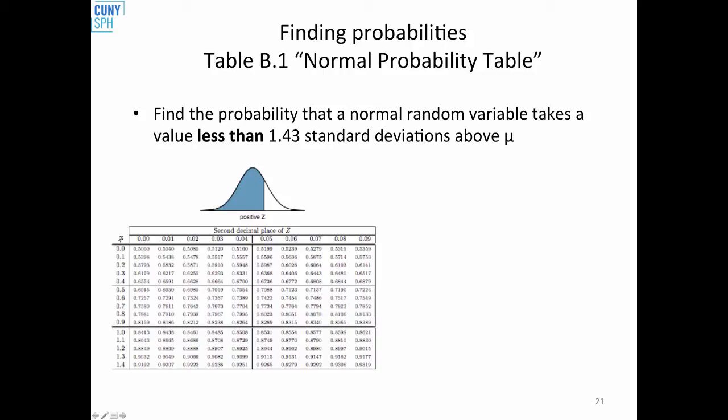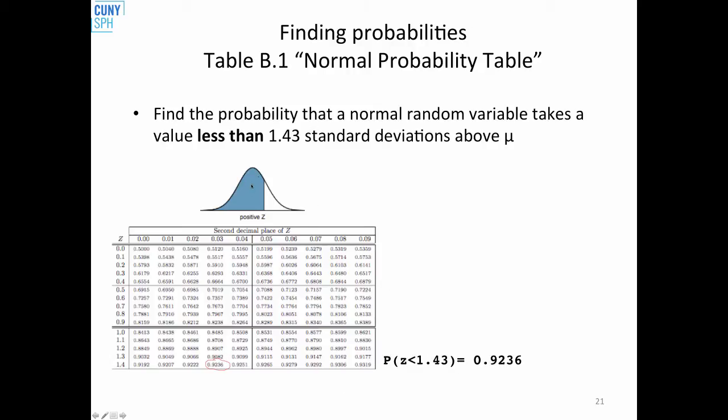So let's look at that. Going down here, z-scores from 0, 0.1, 0.5, 1. Here's 1.4. And following to 0.03, I see 0.92.